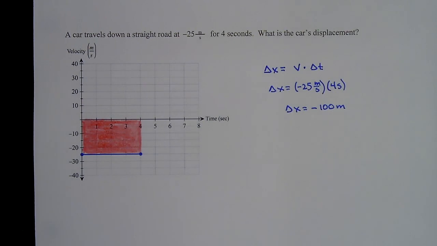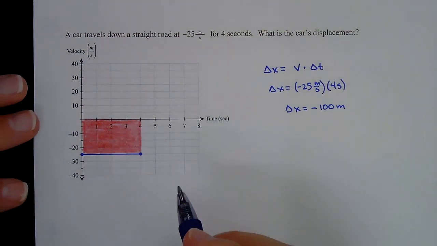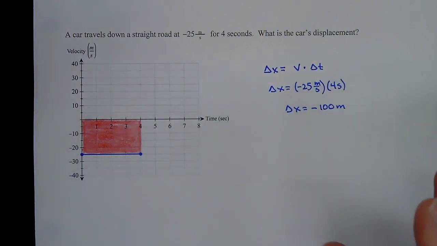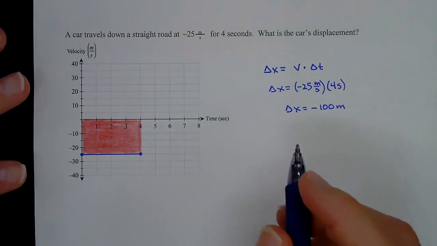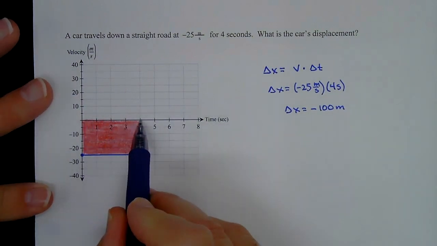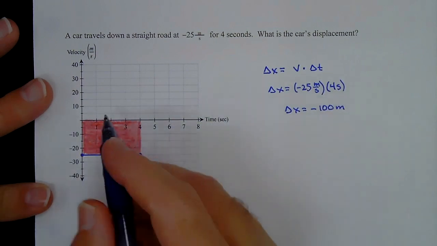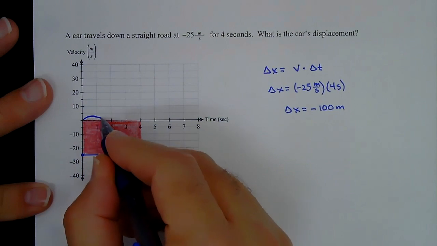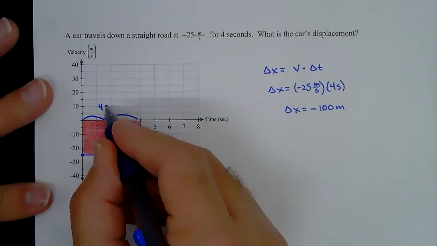So this time I've shaded it again between the curve and the horizontal axis. How does the area represent itself here, and how do we get this negative 100? From 0 to 4, this is the base of the rectangle, and it's also the change in time, which is 4 seconds.